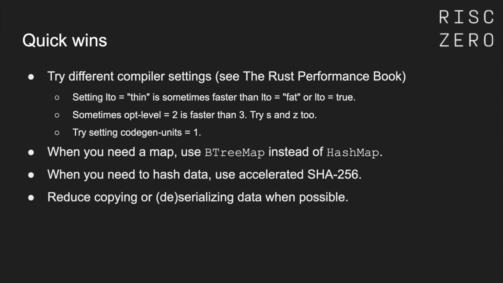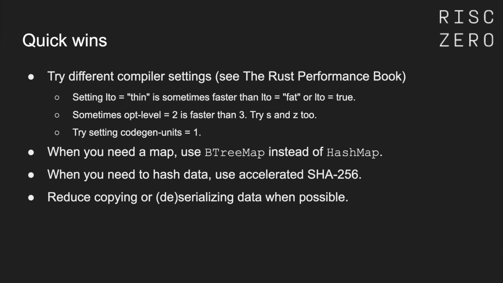Additionally, if you ever need a map data structure, the BTreeMap in the zkVM is much, much faster than the HashMap. This is partially related to the fact that branching and memory access are relatively cheap in the zkVM compared to physical CPUs, and so, unlike a lot of times on physical CPUs, BTreeMap ends up being faster.